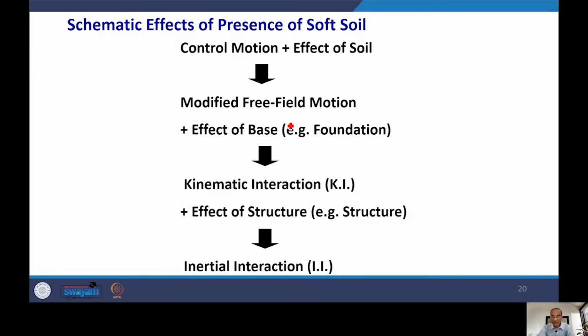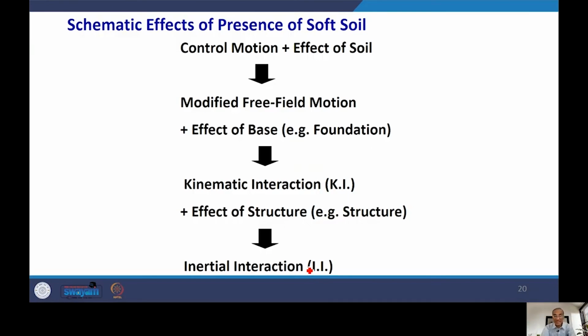Then once you insert the base inside that, for example, the effect of the base without foundation, the effect of the base will increase, and it will lead to what is called kinematic interaction.